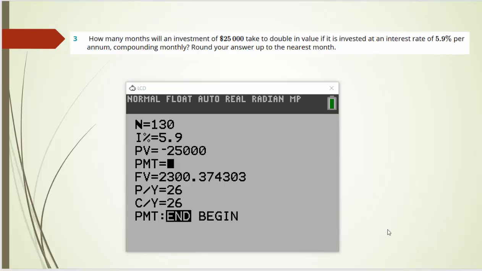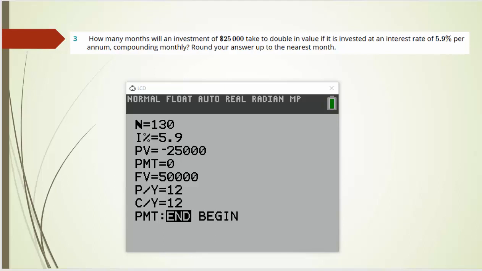That comes in a later exercise, I guess. We want to know how long it's going to take to double. So double is 50,000. So at the end of this period, whatever it is, you'll be getting 50,000 back in your pocket. So that goes in as a positive. Payments are monthly, so let's change that to 12, and we'll go up to n to solve it.